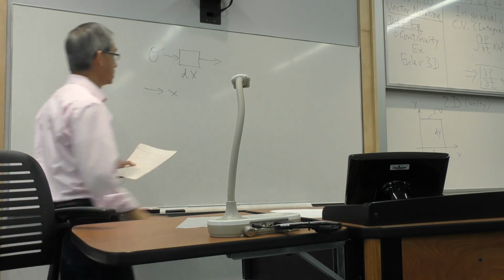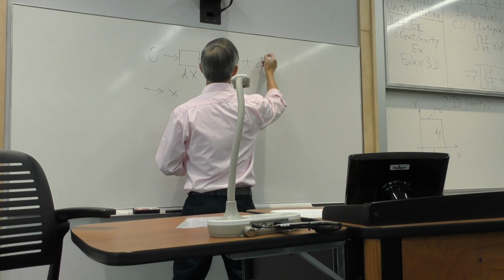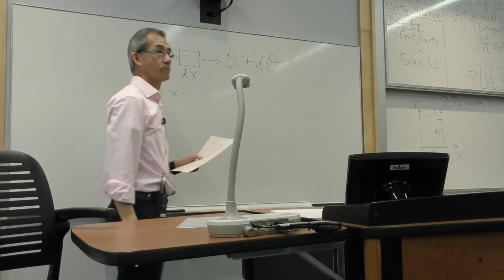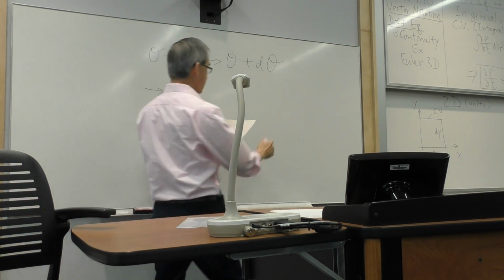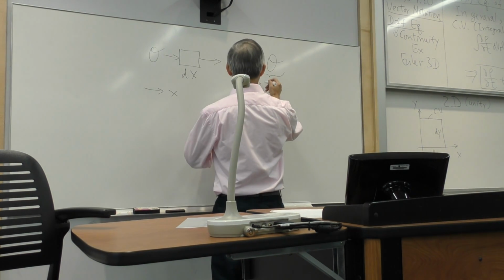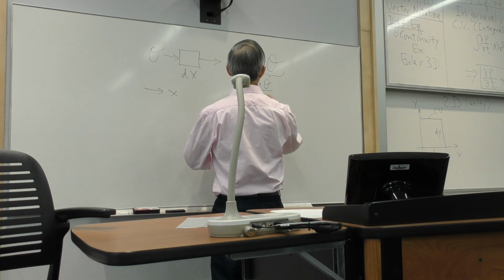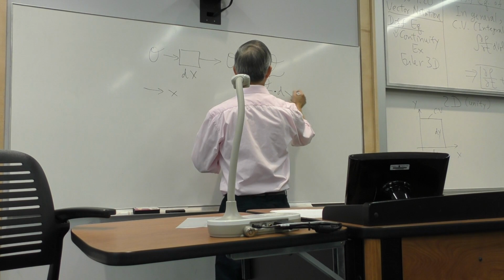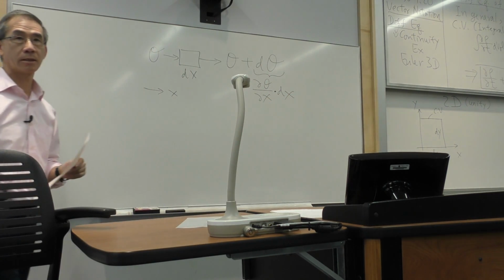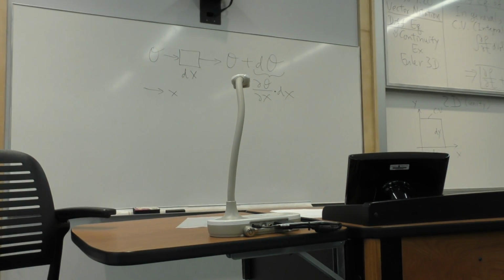We said, well, it's theta plus d theta. And this d theta is represented by rate of change of theta with respect to x times the distance you move, dx. Do you remember that?